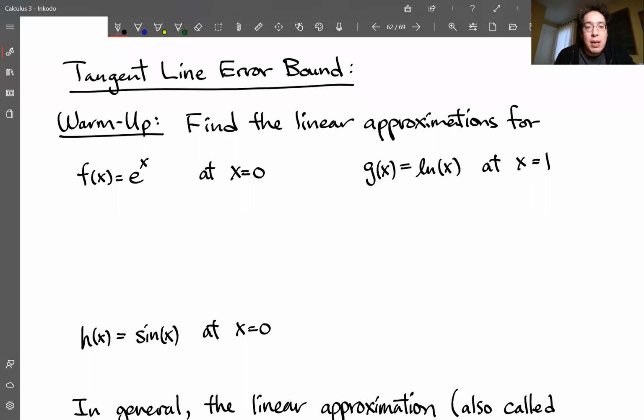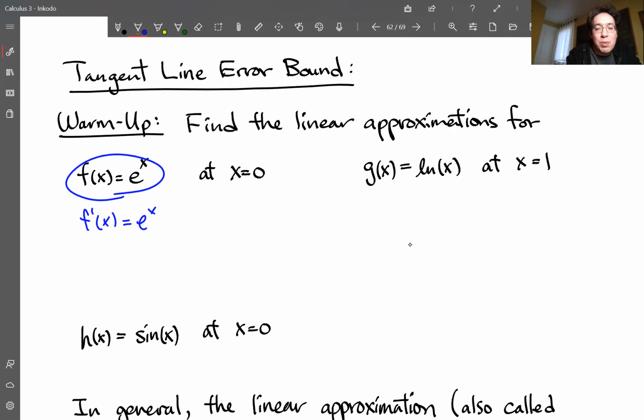Okay. So let's do a warm-up problem. It's been a while since you've done Calculus 1. So let's talk about how to find linear approximations of a function. Let's first look at the function e to the x. So I have to find the derivative, but that's easy because the derivative of e to the x is e to the x.